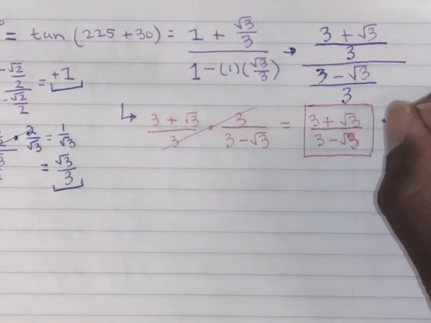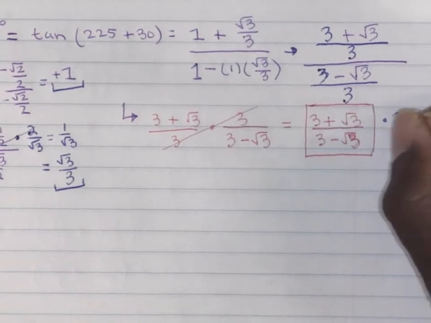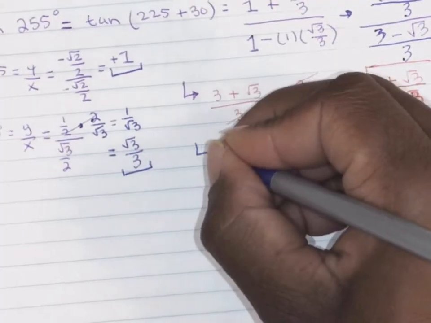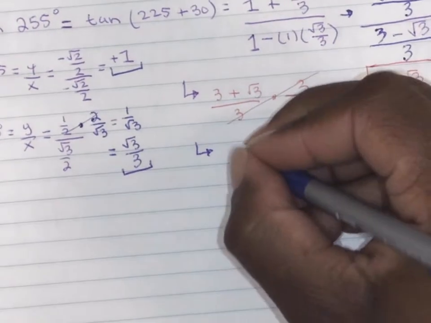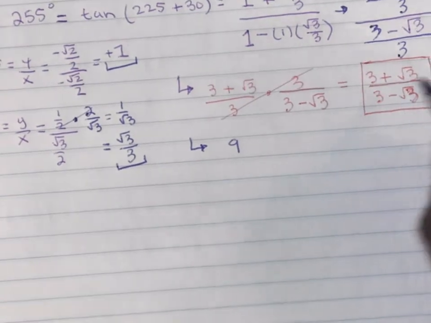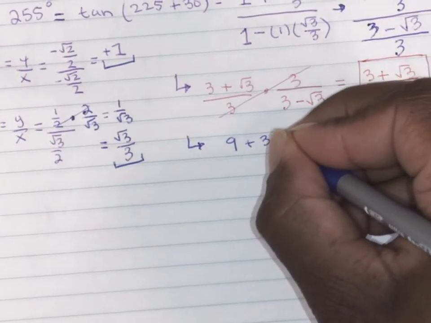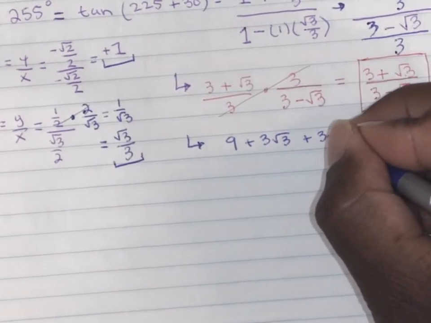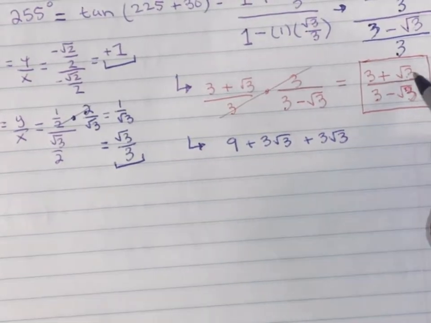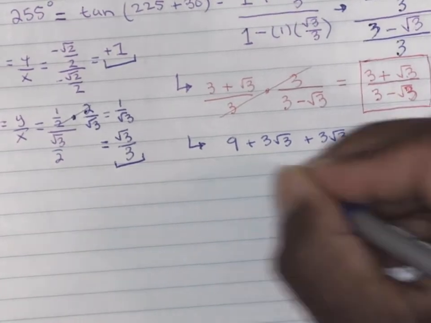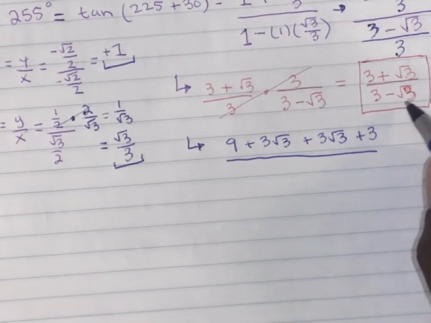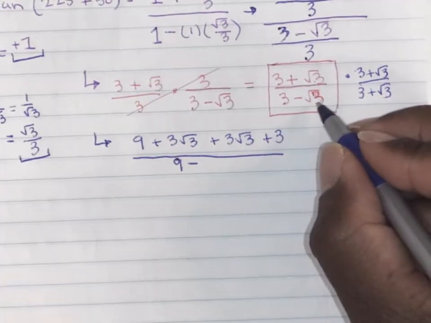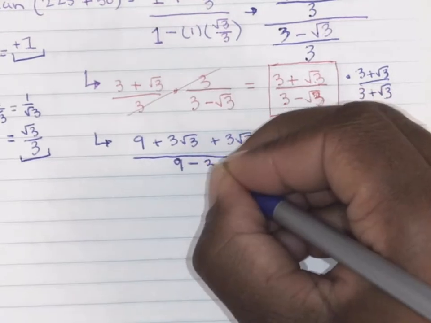If I multiply the top and the bottom by 3 plus root 3, I would get 3 times 3, which is 9, 3 times root 3 plus root 3 times 3, and then last times last is root 3 times root 3, which is just 3. All divided by, the middle terms will cancel on the bottom, so 3 times 3 is 9, minus root 3 times root 3, which is 3.